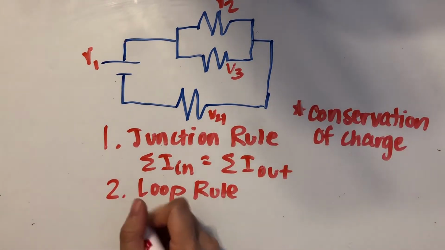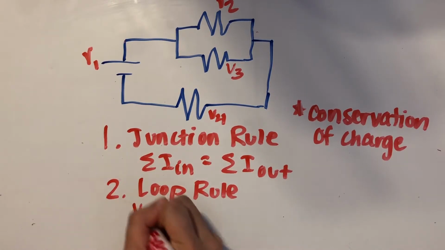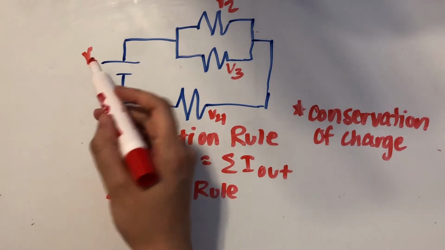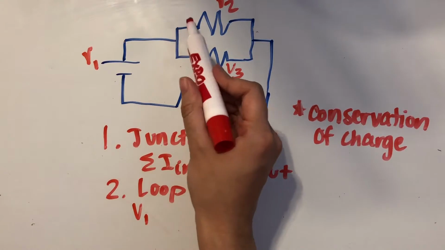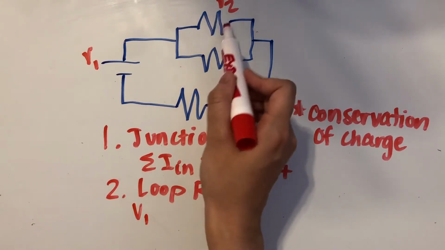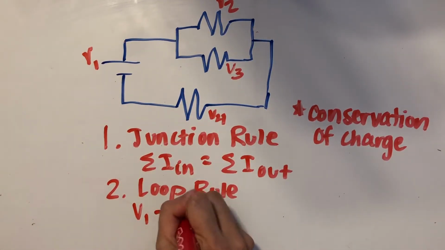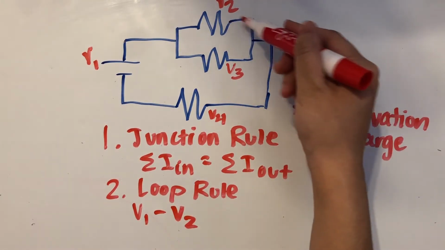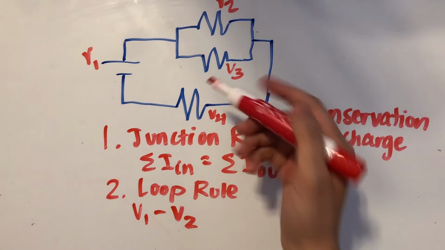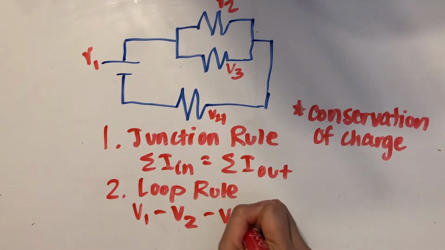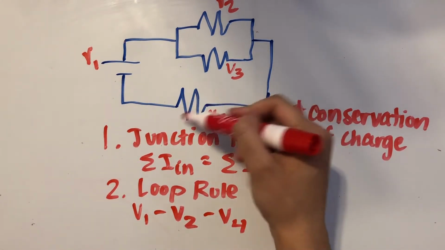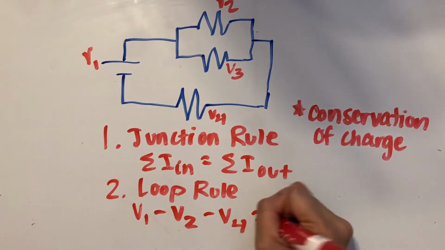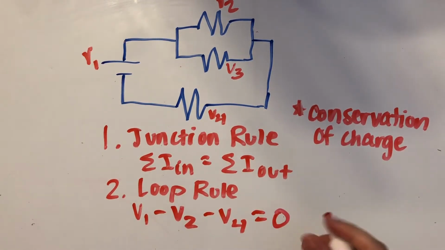So for the first loop, we could say that we're starting off with a positive voltage, voltage 1, and as we go through the circuit, we'll experience a voltage drop at this resistor, voltage 2. And when we get to this resistor, we'll experience another voltage drop, so we're subtracting the voltage value here, and that equals 0.